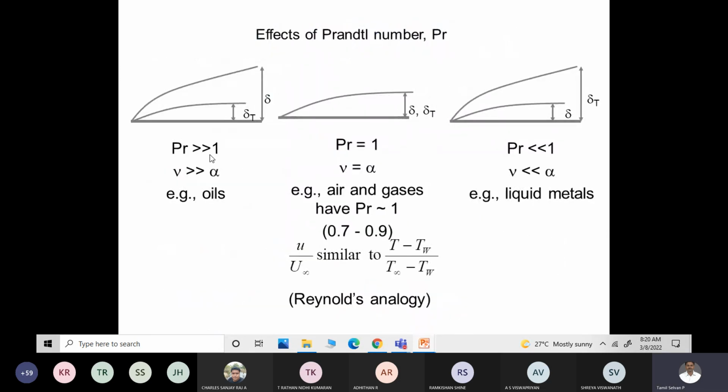If the Prandtl number is very much greater than 1, as usually for oils, then the viscosity is very much greater than the thermal diffusivity alpha. In case of air and gases, viscosity is almost equal to the thermal diffusivity, so the Prandtl number is equal to 1. In case of liquid metals, the Prandtl number is very much lesser than 1, and the viscosity is very much lesser than the thermal diffusivity.